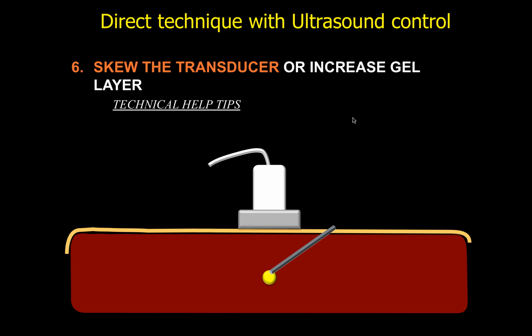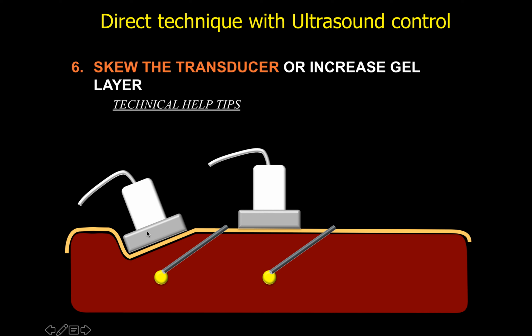The sixth tip is that, in this flat position, we can also gain a little parallelism by skewing the transducer, pushing or making pressure on the skin and subcutaneous tissue, to gain parallelism between the transducer and the needle.